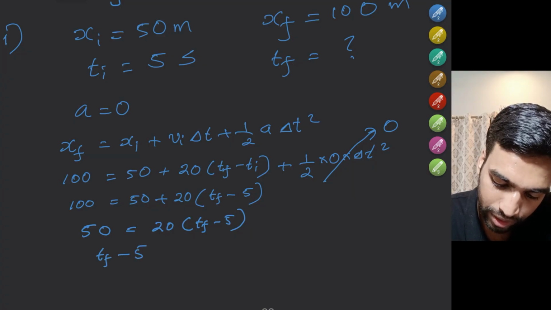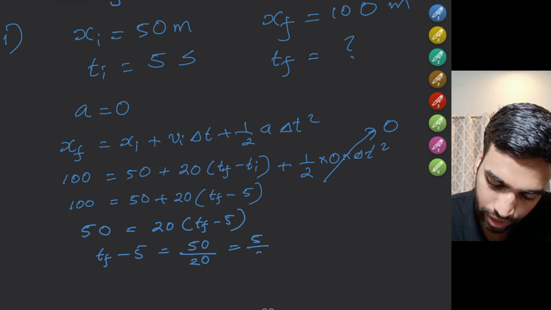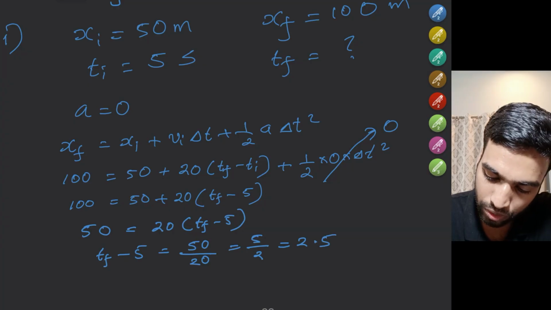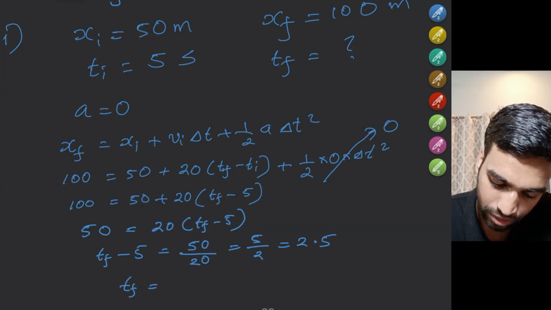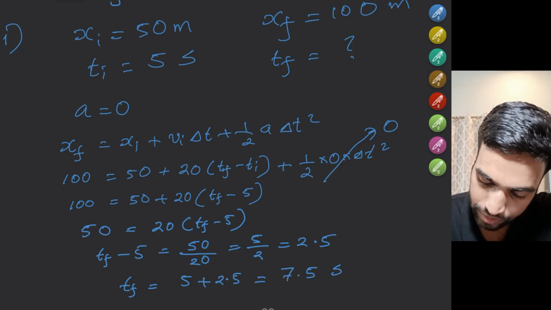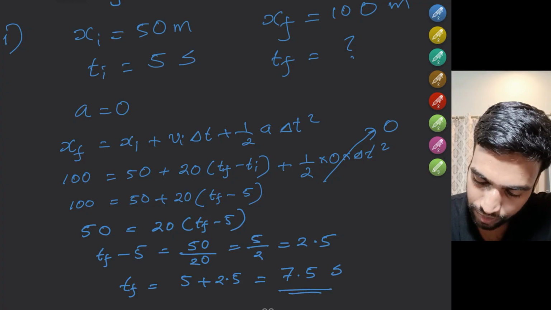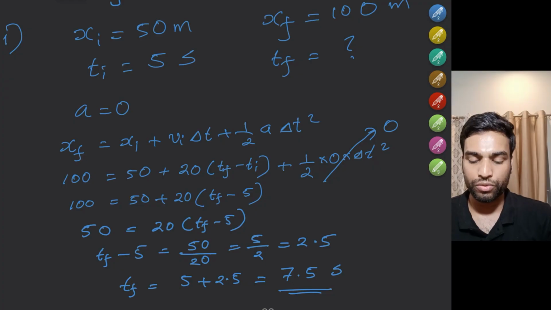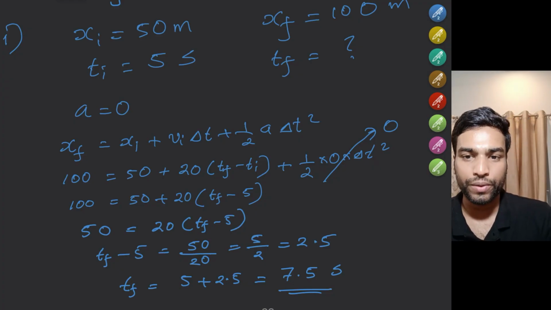Therefore, tf minus 5 equals 50 divided by 20, which is 5 divided by 2, and that you can write as 2.5. Therefore, tf equals 5 plus 2.5, which is 7.5 seconds. So that is the total time in which he finished the 100-meter race.